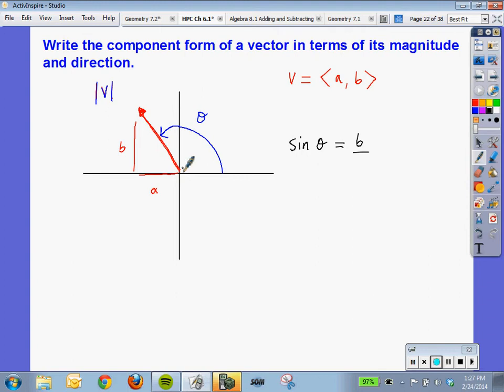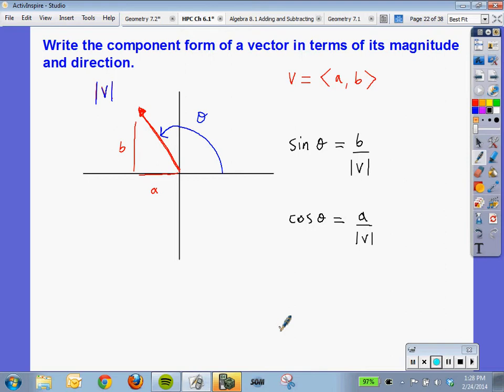And the r value corresponds to the magnitude of the vector, which is the v there, the length of v. So let's go ahead and do that with cosine as well. Cosine's definition is x over r, so we say that's a over the magnitude of v.